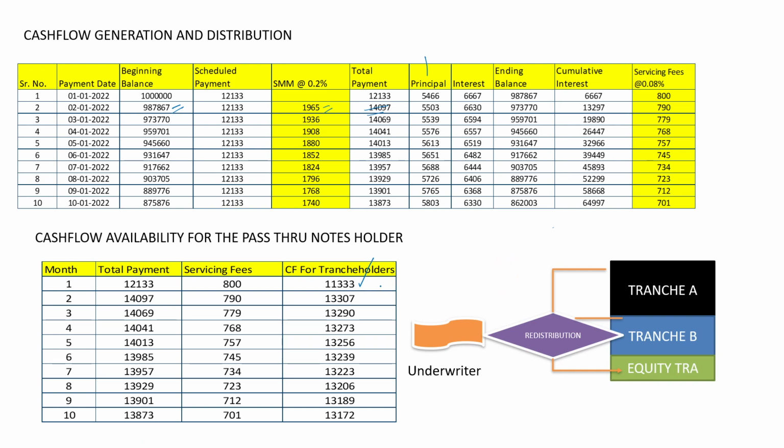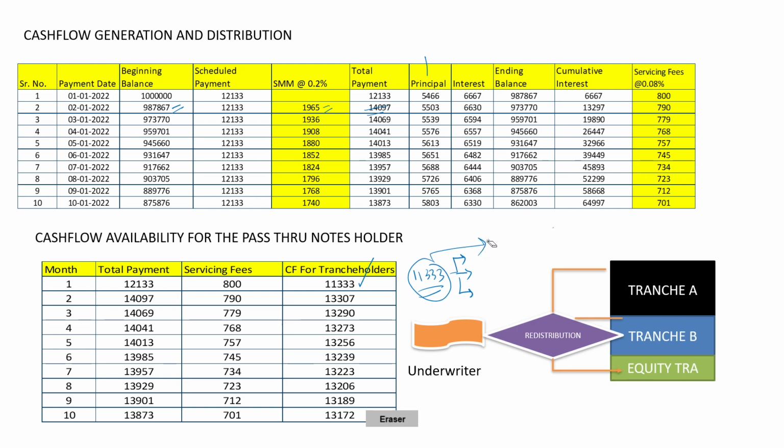Now this, if it were a pass-through security, and here comes the whole puzzle. If it is a pass-through security, this 11,333 will be equitably distributed to the pass-through security notes holders. That means there is just no preference to any particular tranche holder, but to the extent of their investments, they would be collecting a portion of these cash flow proceeds.